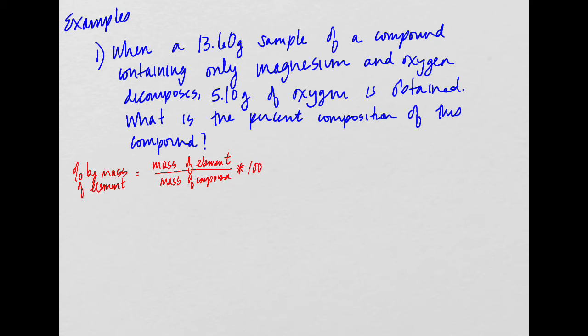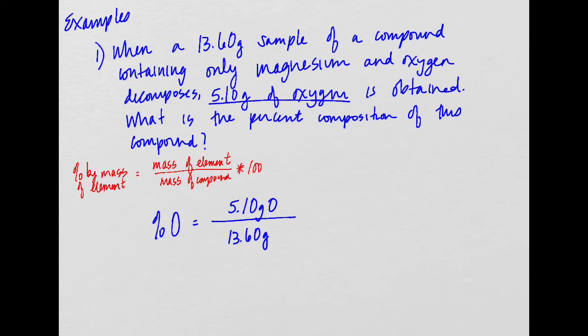So if I want to know, first I'm only given this information, 5.10 grams of oxygen. So the percent of oxygen in this compound is equal to 5.10 grams of oxygen divided by 13.60 grams of our compound.